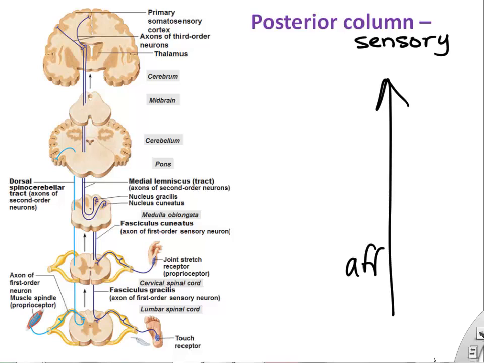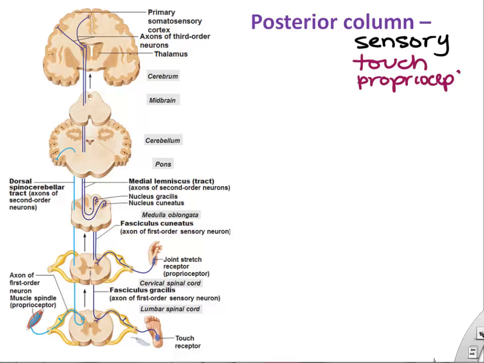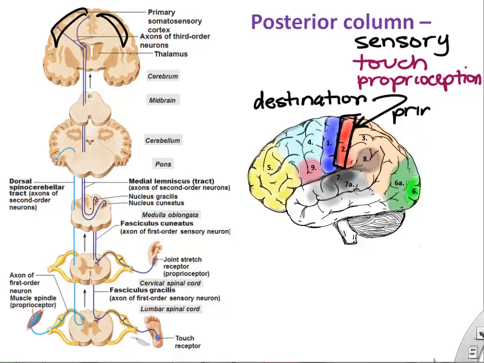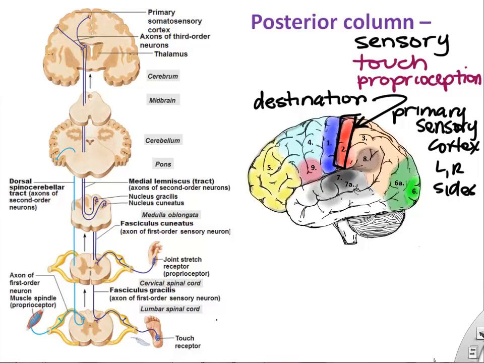So again, it's pretty amazing how few neurons you need to get these great large distances. So again, posterior column is an afferent ascending pathway. It's mostly for touch and proprioception, so awareness of your body position. The destination of these signals is going to be our primary sensory cortex, which is in the parietal lobe. You have one on your right and left side of your brain.